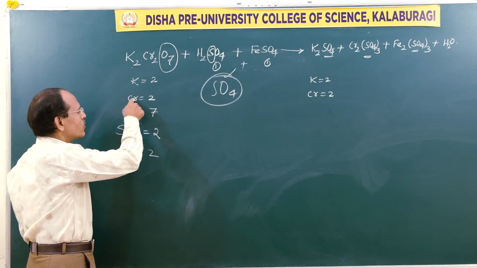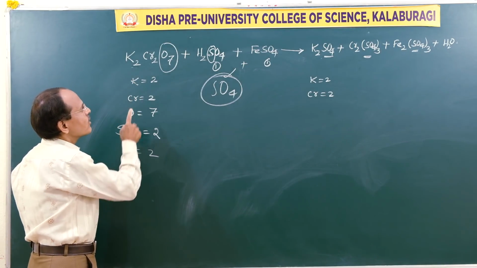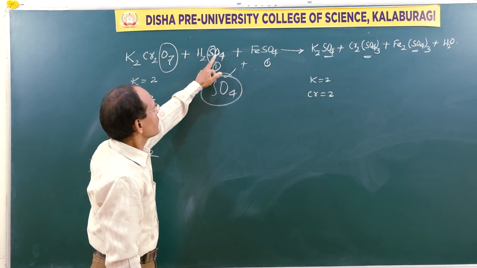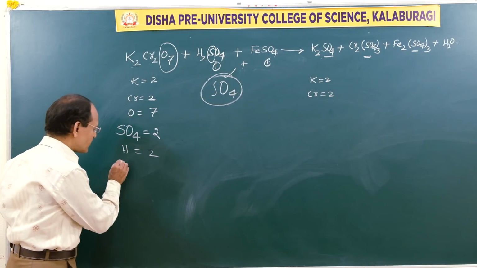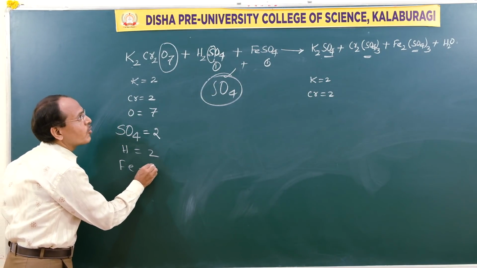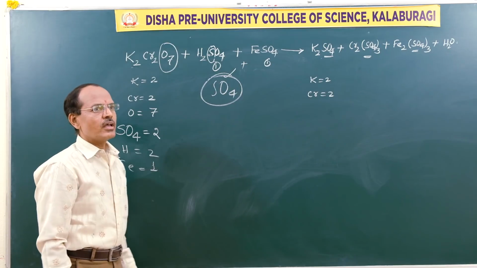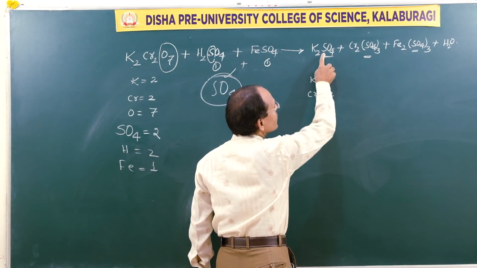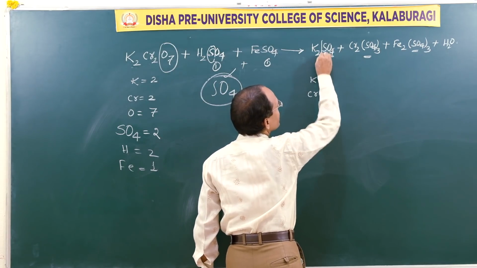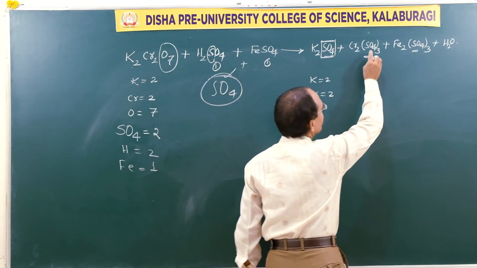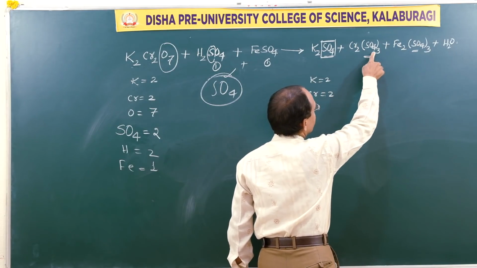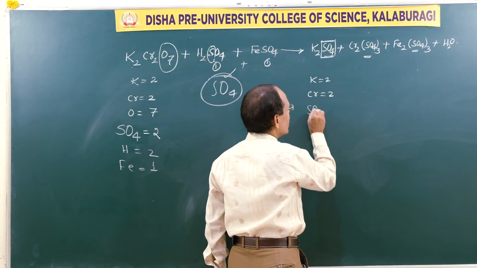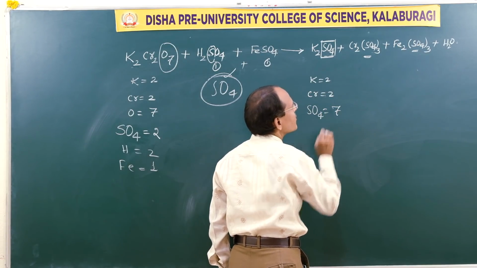Now 1, 2, 3, 4, 5. How many are left? Iron is left. Iron is 1. Here also potassium is 2, chromium is 2. Now from the sulfate point of view, 1 plus 3, 4, 4 plus 3, 7. Sulfate equals 7.